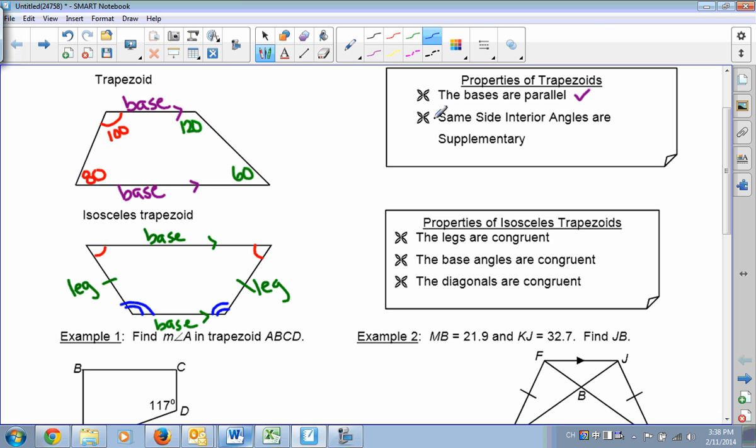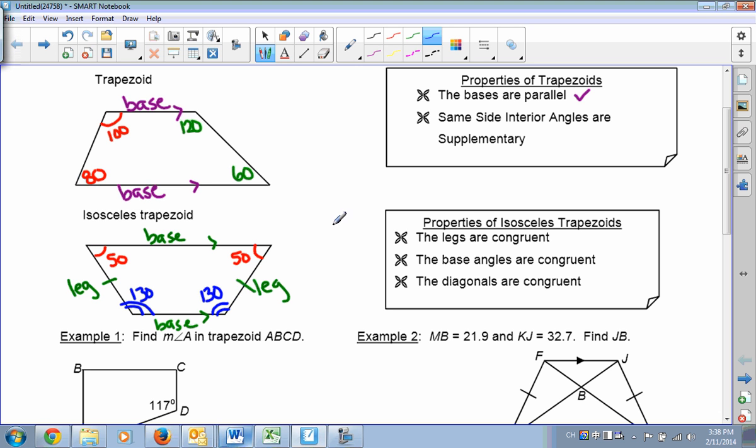Those would be congruent. So let's say this angle up here was 50. What else do we know? This other base angle would also be 50. And what would this angle have to be? Why 130? Yeah, because these two are supplementary. They add together equal 180. So this one would also have to be 130.